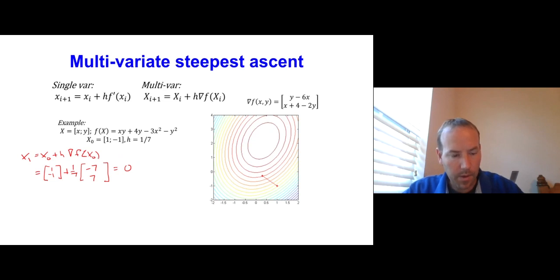And then let's do one more iteration of this. If we have x1, then x2 is given by x1 plus our step size times the gradient of f at x1.